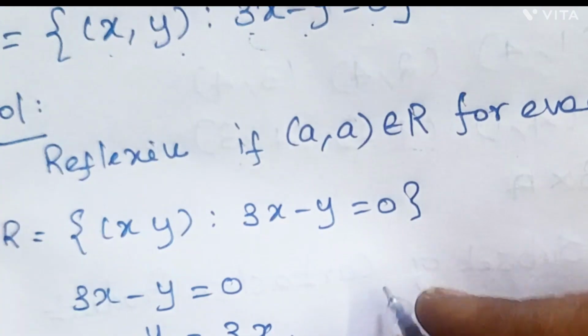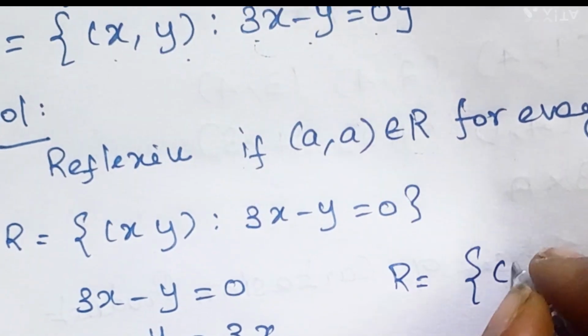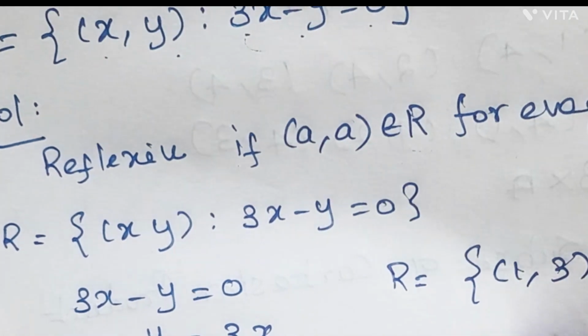So the relation R equal to ordered pairs (1, 3), (2, 6), (3, 9), (4, 12).